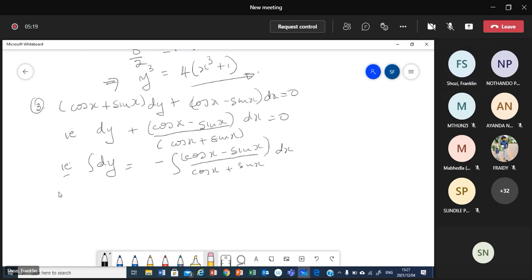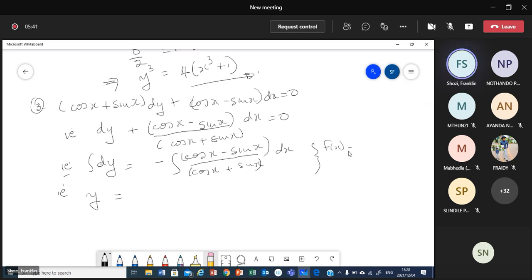Integrate both sides. This implies that y is equal to... Now, what is the relationship between the denominator as well as the numerator? If I pull out my denominator as this, what is its derivative? Its derivative is minus sin x plus cos x. So it directly gives me what I have on top.